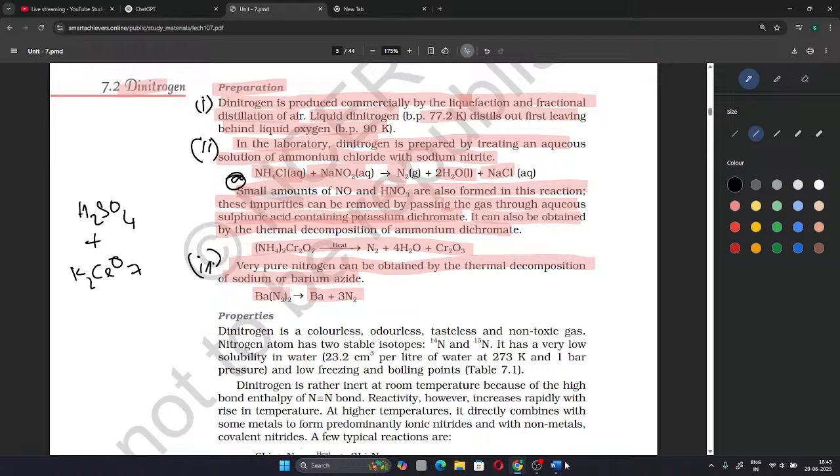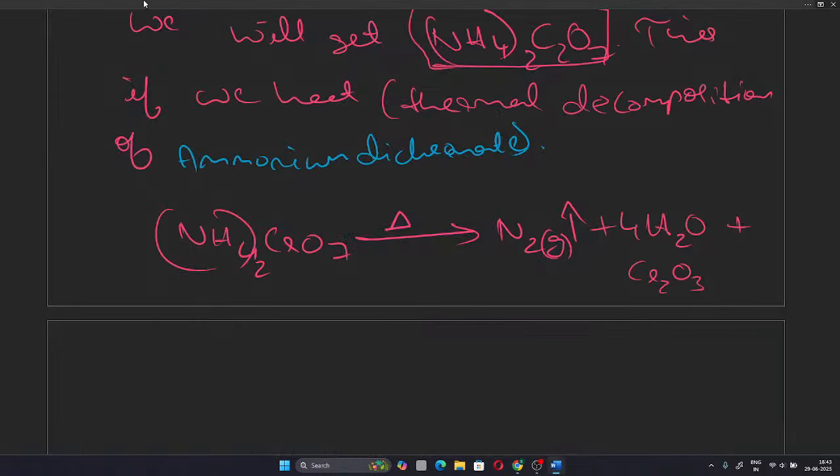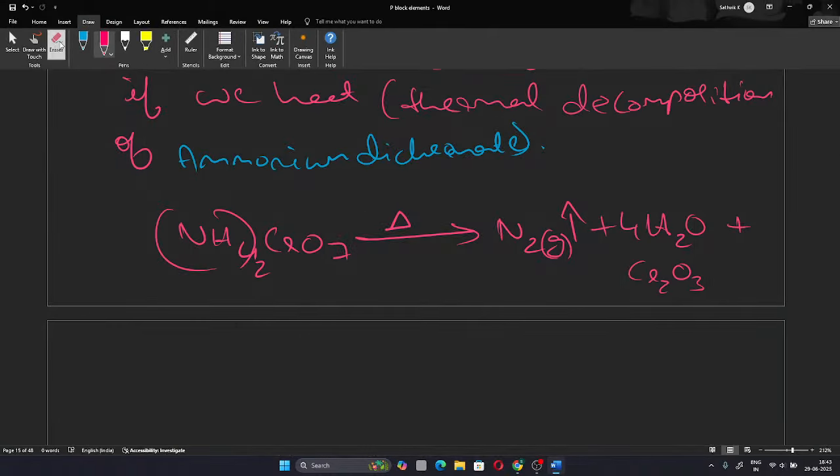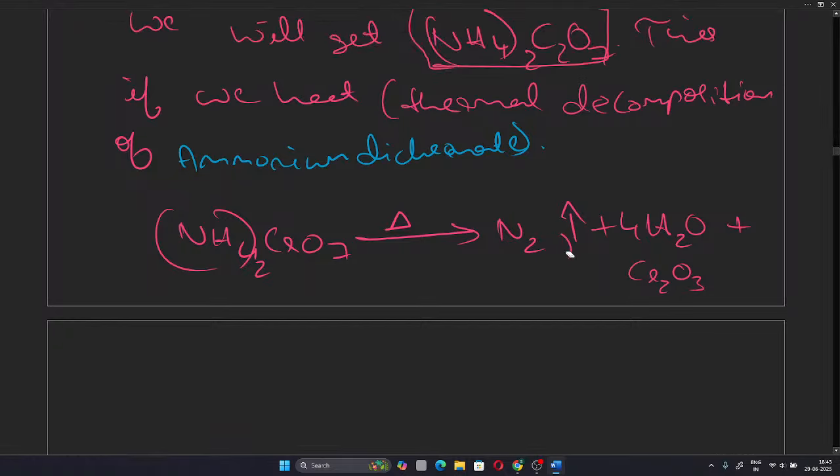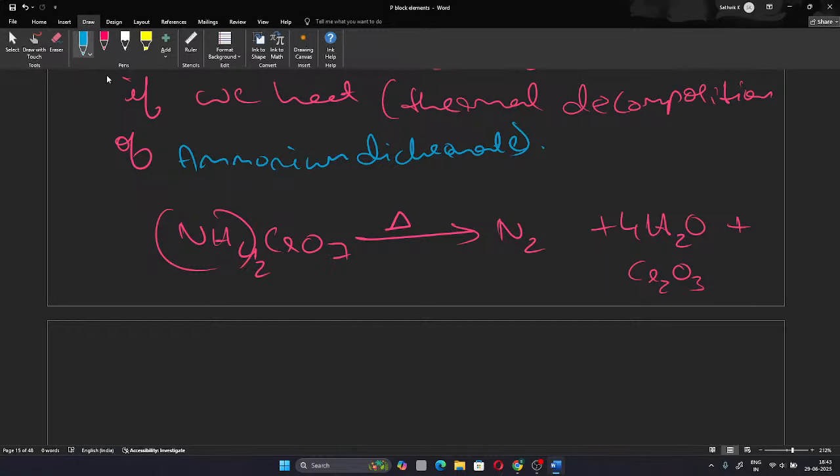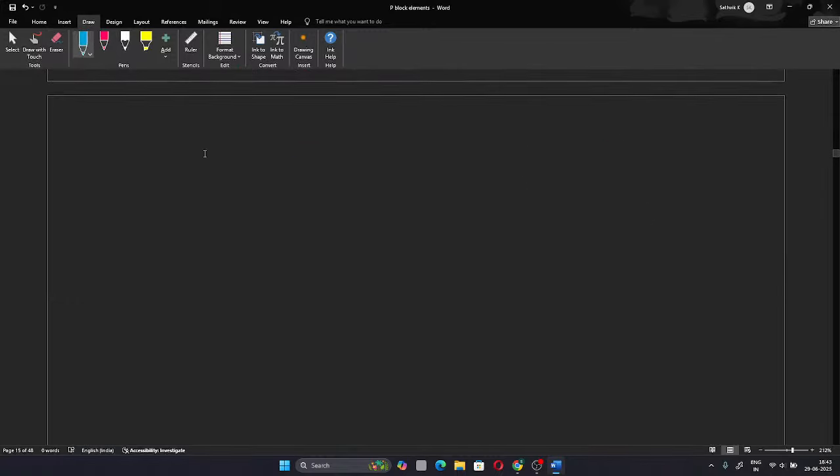They didn't mention it as gas here, so I will also not mention it as gas. This is the second preparation method.